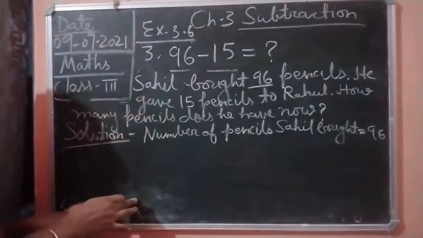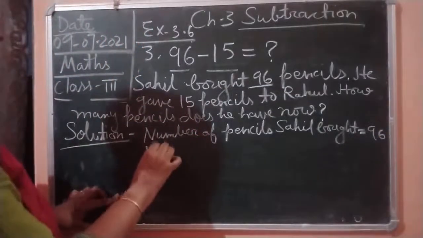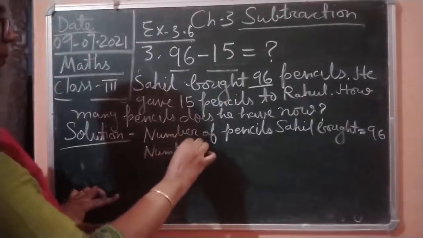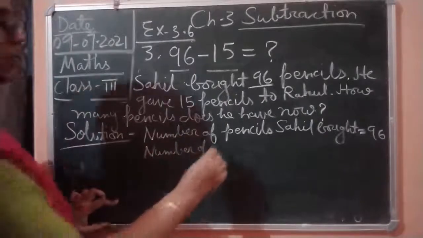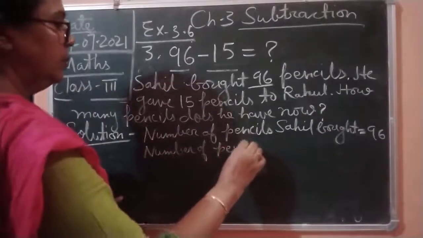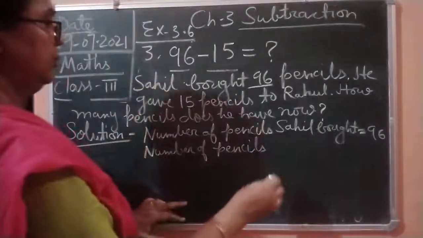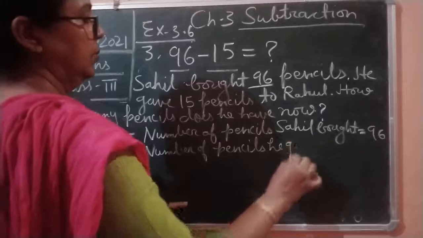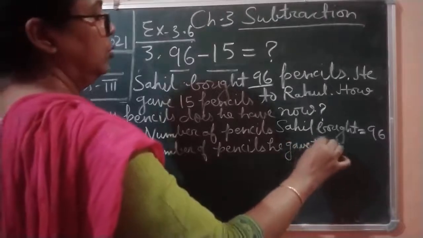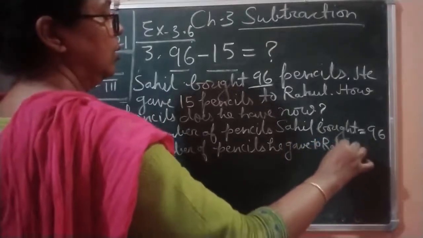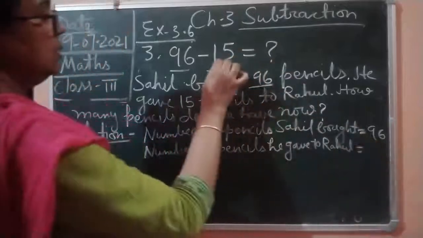Okay, children. Now, number of pencils he gave to Rahul. How many? This is 15.